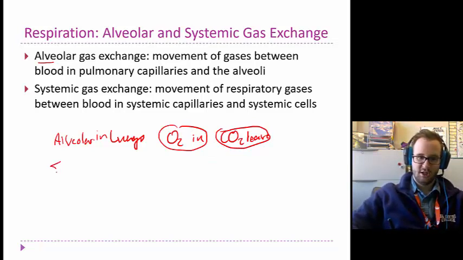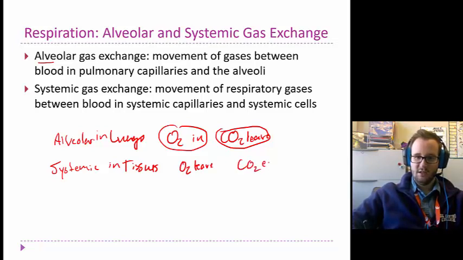Systemic gas exchange happens in our tissues. In this case, oxygen is going to leave our bloodstream to go into our tissues, and CO2 is going to enter our bloodstream to escape or go back out.